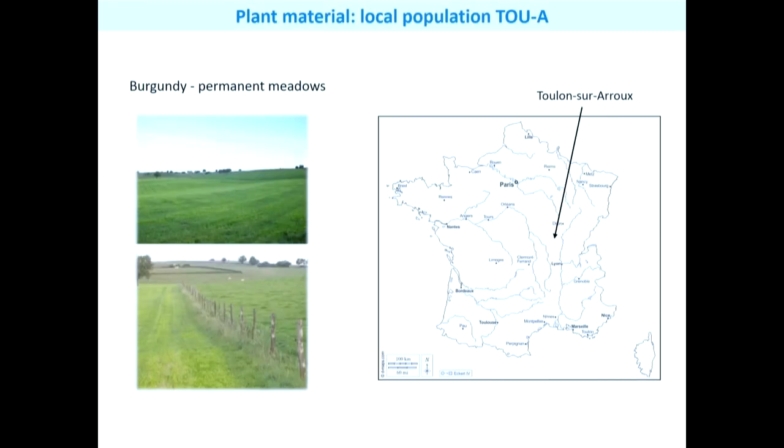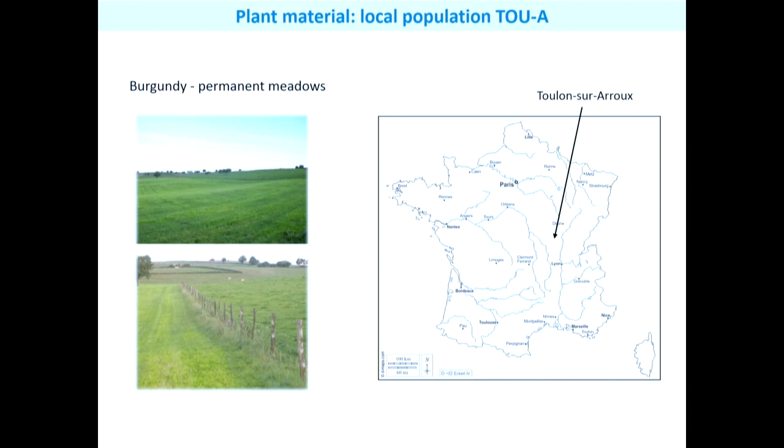So to set up this resurrection study, I focused on population 2A. This population is from the village Toulon-sur-Arroux, located in the south of Burgundy. It is located under an electric fence, a 350-meter electric fence separating two permanent meadows. I know this population very well because it is located on the farm of my parents.